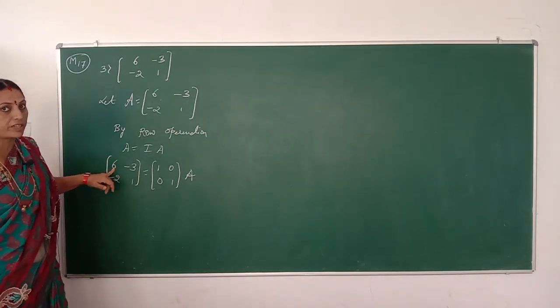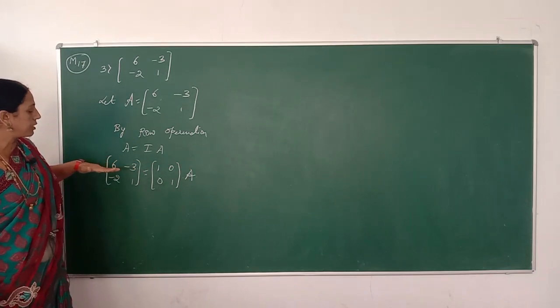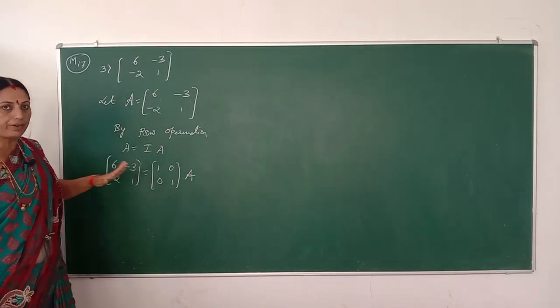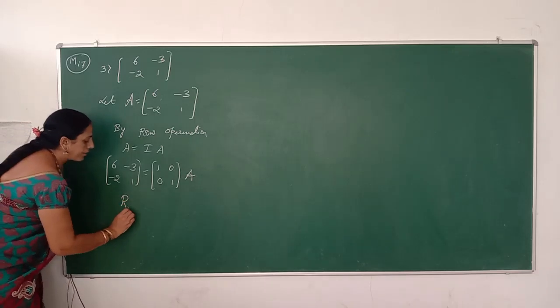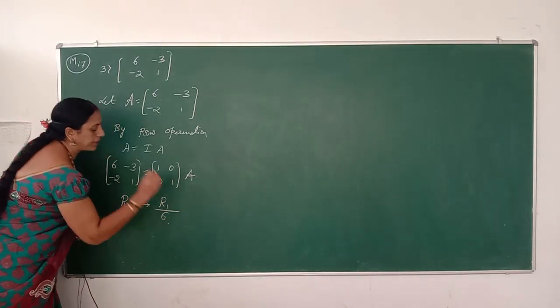The 6 here, what should we make it? We should make it 1. So to make it 1, the whole row of elements can be divided throughout by 6. Since it is 6, divide by 6. Therefore R1 can be changed with R1 divided by 6.